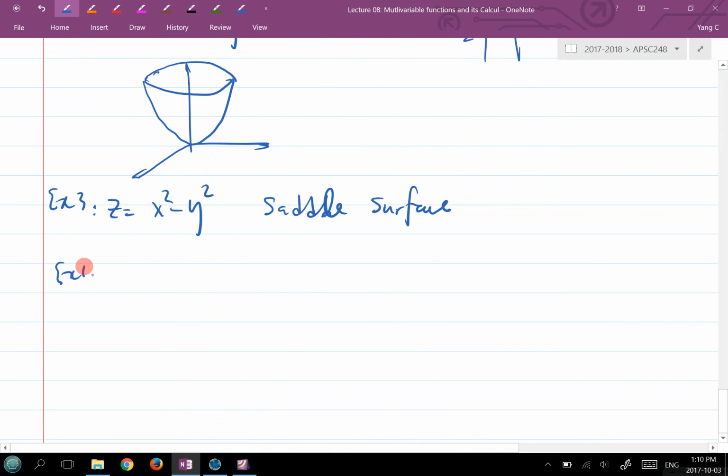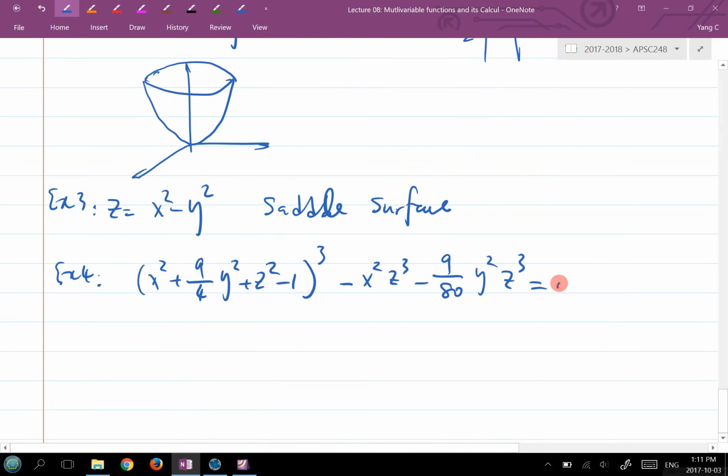Another example which is also interesting, and this one here, I'll write it down first, and then we'll look at the difference. So this is another example right here, another example of a function involving x, y, z.